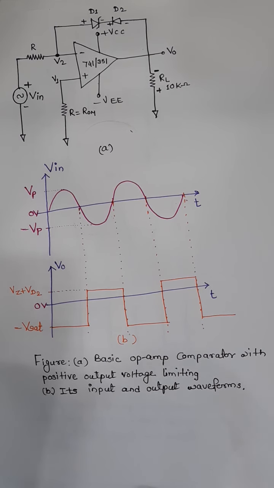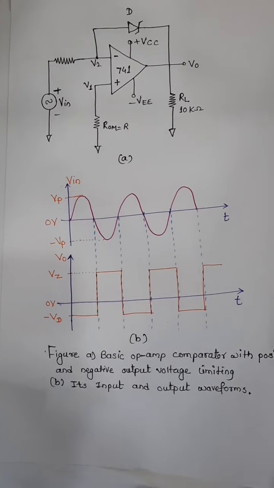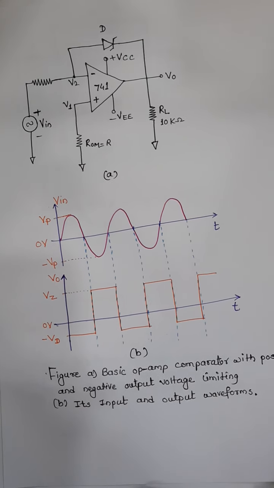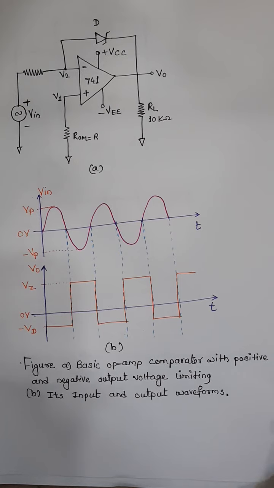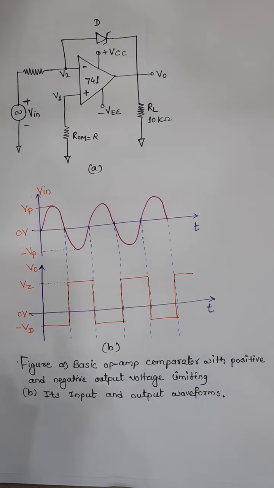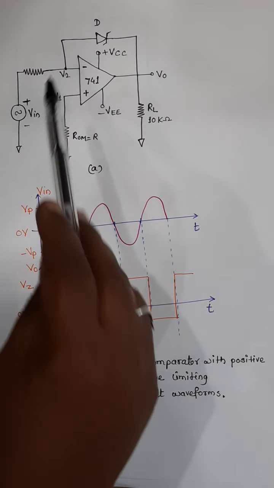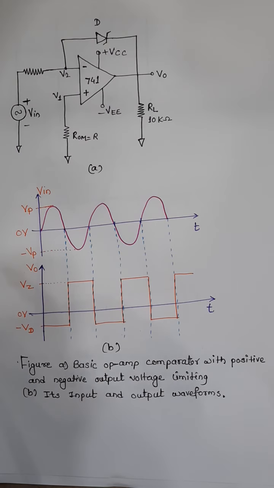Okay, so when we use only one Zener diode in the feedback path, what happens, we will see here, how this will control the output. There is another arrangement where we have only connected one Zener diode into the feedback path.